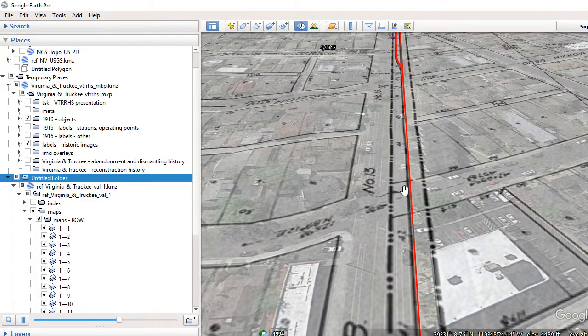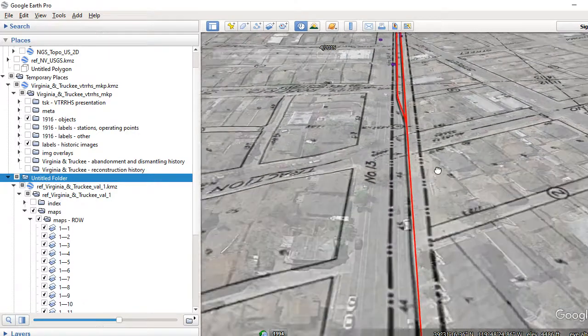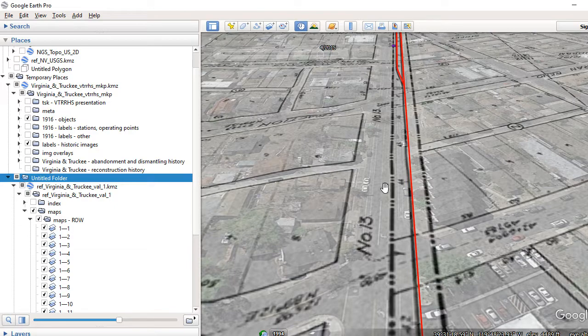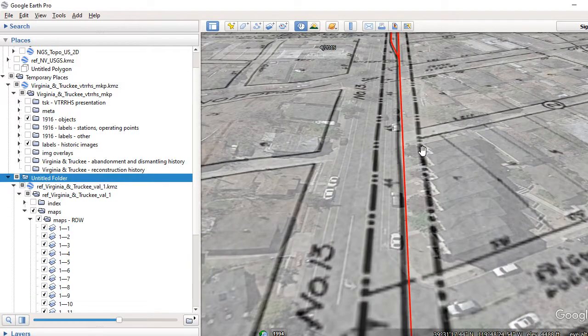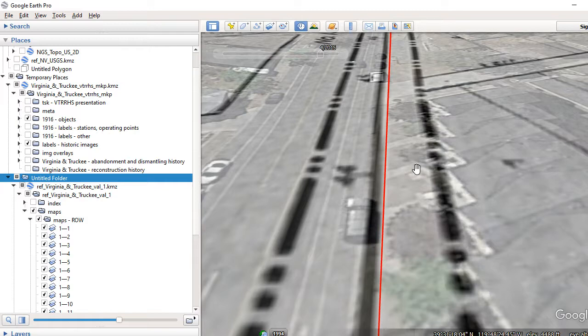They were on a strip of private property immediately adjacent to the street, and when the railroad was abandoned, this strip of private property reverted or was taken by other parties, and much of it became the street, and it looks like some of it, well, no, this part probably went to landowners.